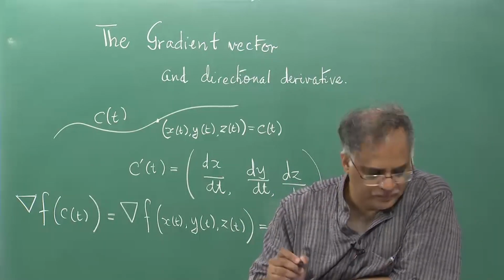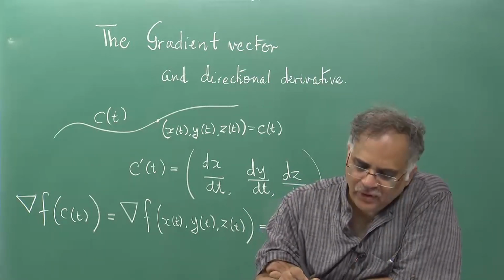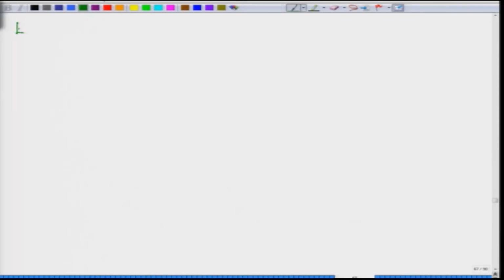So, we will consider the function f(x, y, z) as an example of using the chain rule.